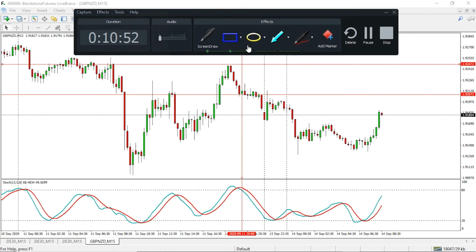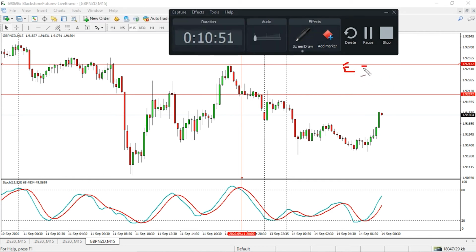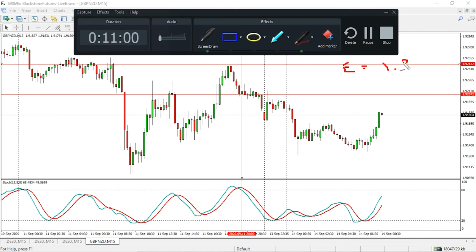So what that means is my entry equals 1.92. My stop loss equals 1.9250. The difference between that, guys, is 50 points, which means that my R equals 50.